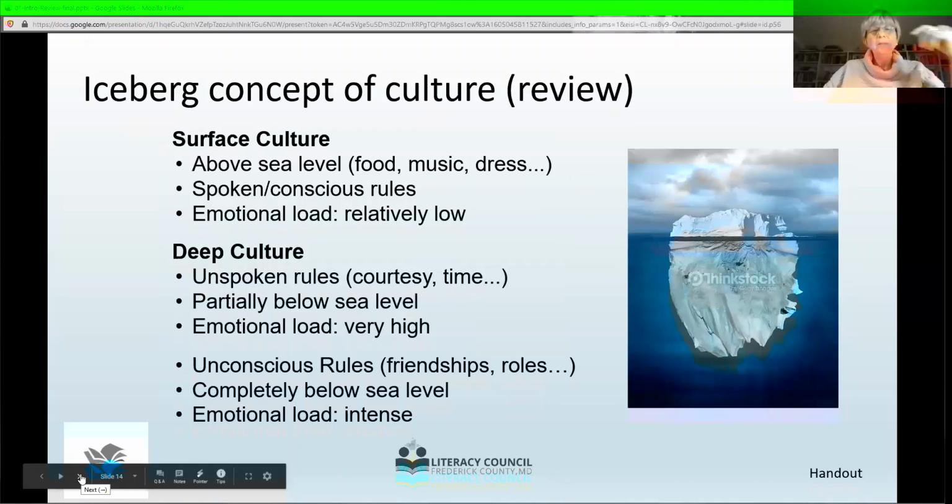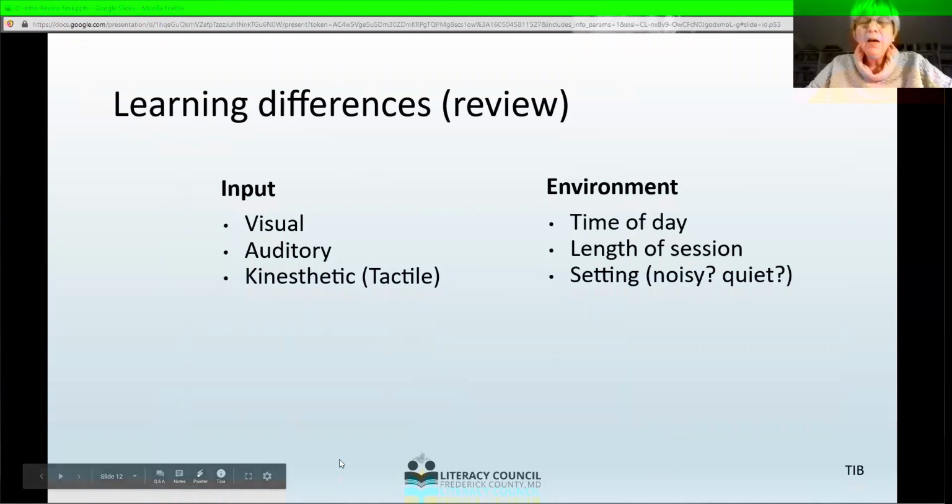Can you back up just for one second, Caroline? You notice on this slide, there's a reference in the lower right-hand corner that says TIB. And on the next slide, there is a reference that says handout.